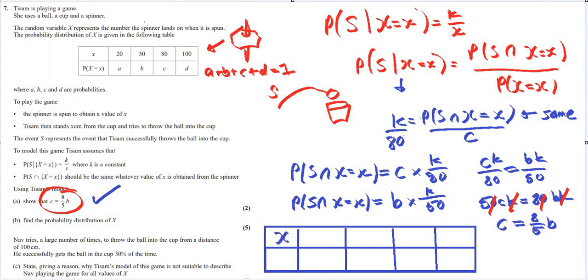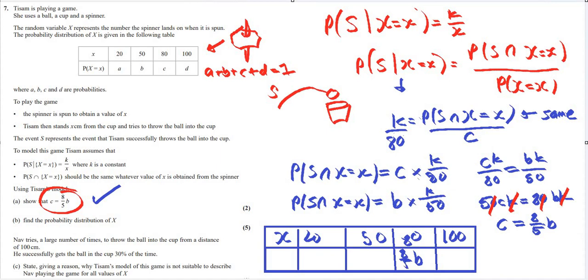We know the x values: this is 20, this is 50, this is 80, this is 100. Now we know C is 8/5 of B, so I'm going to rewrite that as 8/5 of B. Now I need to find something for D, something for B, something for A. So I do the same thing I've done above.